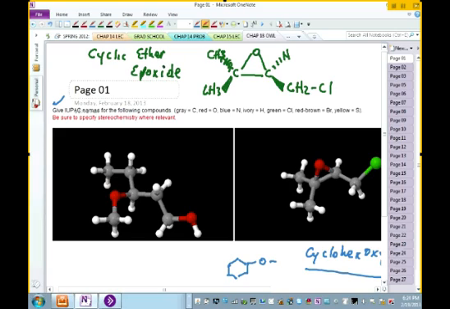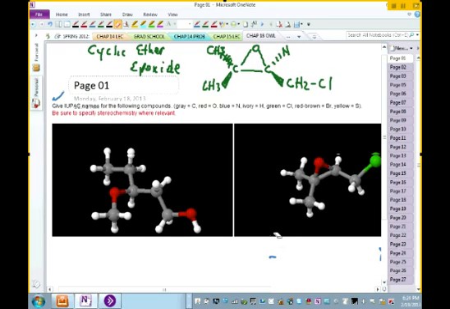The 3-member ring cyclic ether we refer to as epoxide. Now to name this, if you want to name the epoxide as a substituent, it becomes epoxy. We call it epoxy, if you want to use that as a substituent.